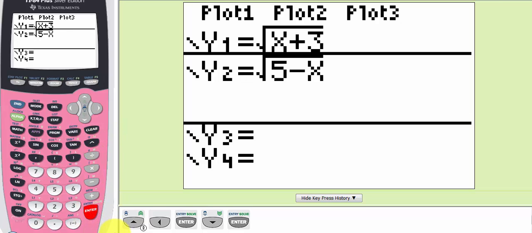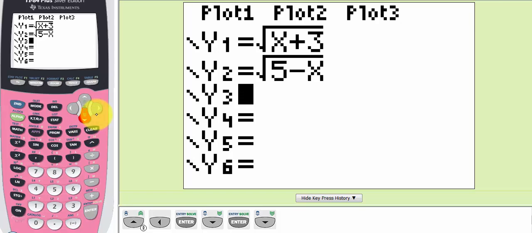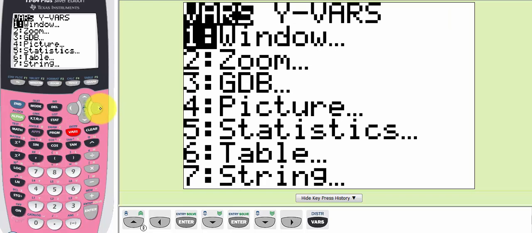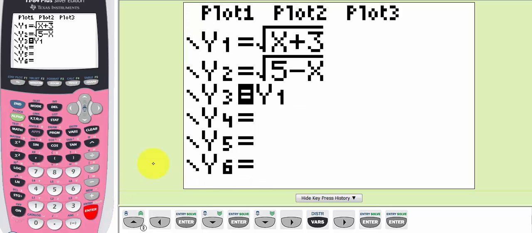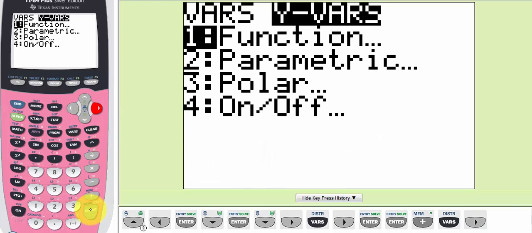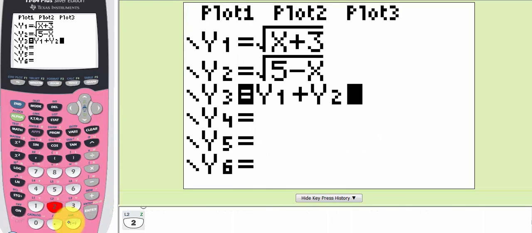I'm going to do that too, because I don't really want to graph f and g, I want to graph f plus g. So I'm going to press vars, y vars, function, y1, plus, vars, y vars, function, y2. This gives me the graph of y1 plus y2.